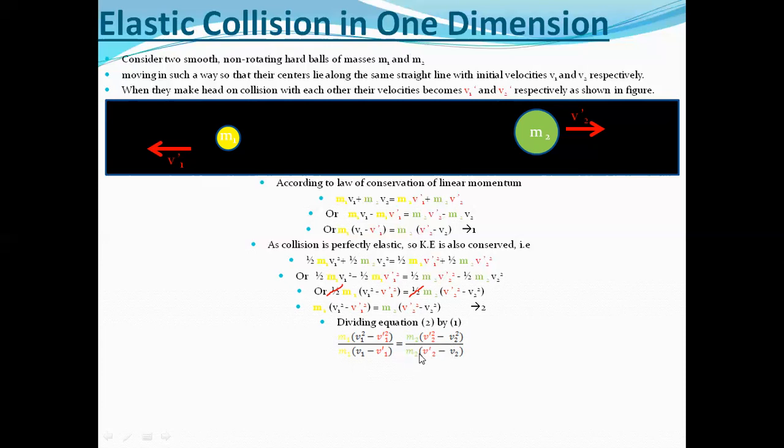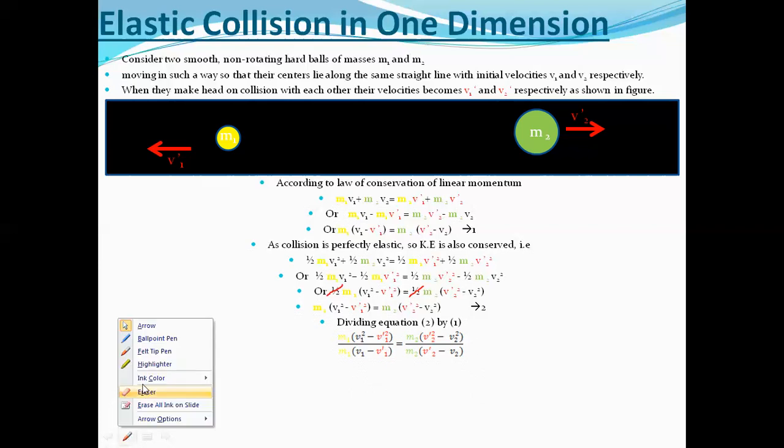Sorry, the denominators are the linear momentum terms before and after collision of the first and second bodies, and the numerators are the kinetic energy terms we found for the first and second bodies.